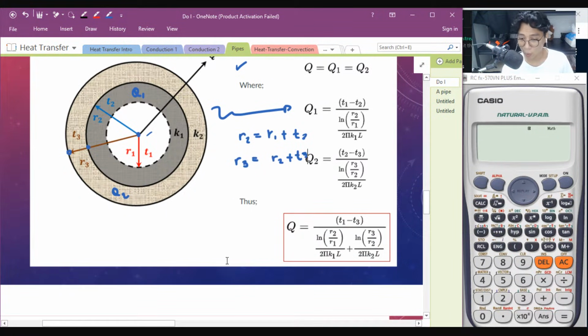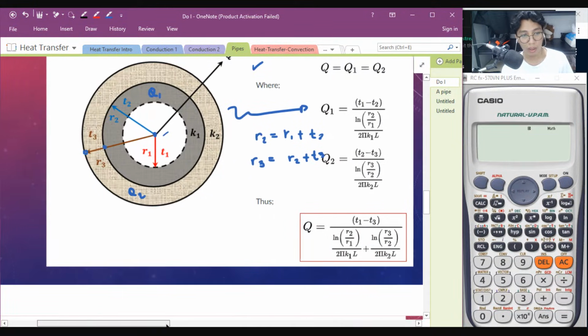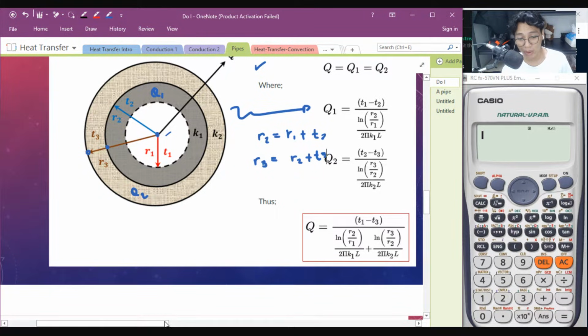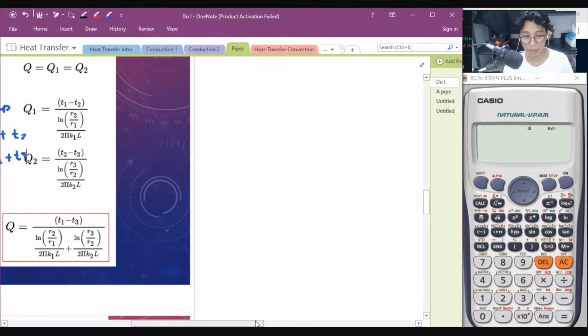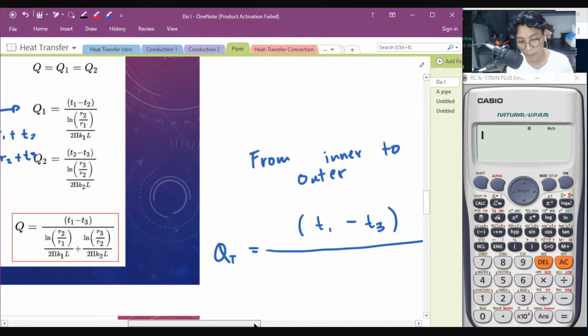And thus, we want to generalize the equation from the inner side to the outer side, from point 1. Simply, the total heat transfer is equal to the change in temperature at point 1 minus point 3. We assume that the hotter source is inside the body.